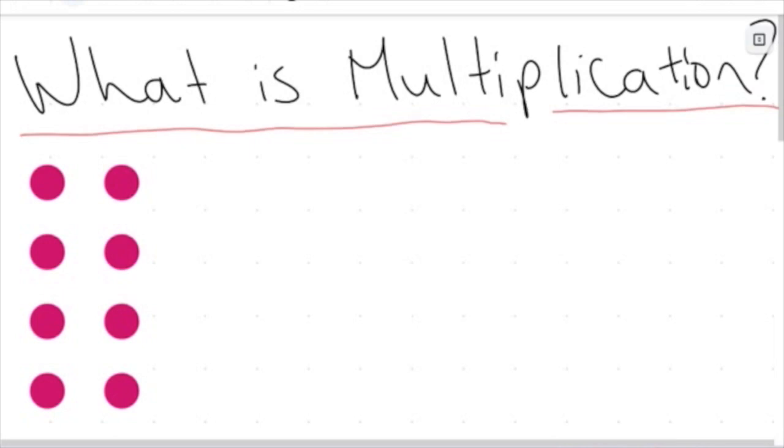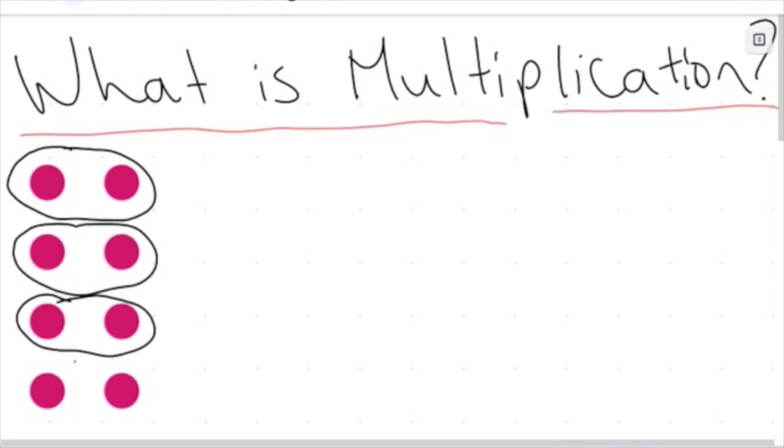So why don't I say, well, I can see that I can group these in twos. Here, here, and here. And I can say, well, how many groups of twos do I have here? Well, I have 1, I have 2, I have 3, and I have 4.